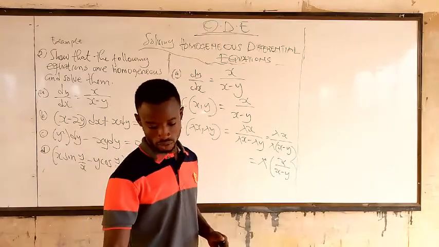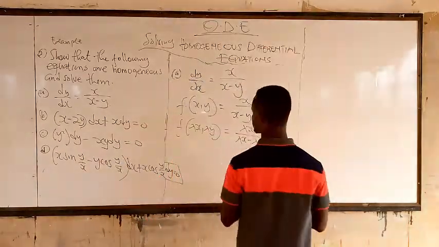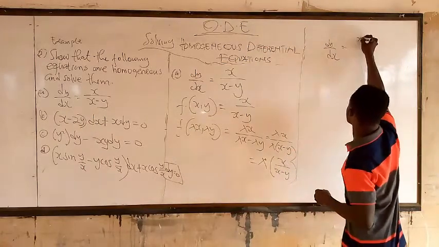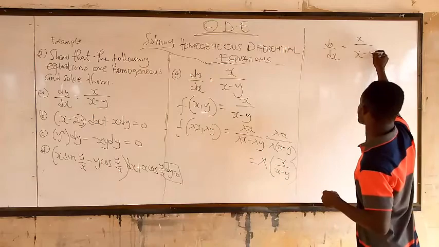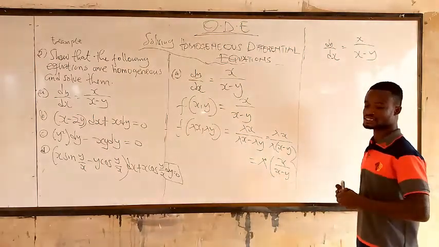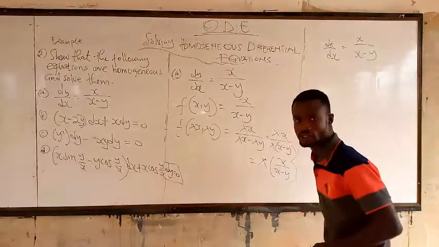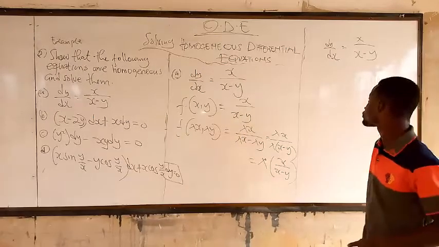So we know what to do firstly. We have dy/dx equal to x over x minus y, and we have verified that it's a homogeneous equation, so we can solve it.